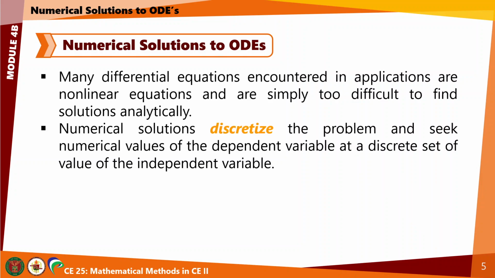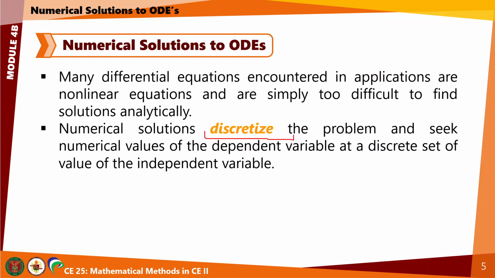So what do we do in numerical methods? We are discretizing the problem, meaning we get the approximate value of the dependent variable y using a discrete set of values of the independent variable. So at certain values of the independent variable x or t, we solve for the approximate value of our function solution. So we get a discrete number of points in a numerical solution.